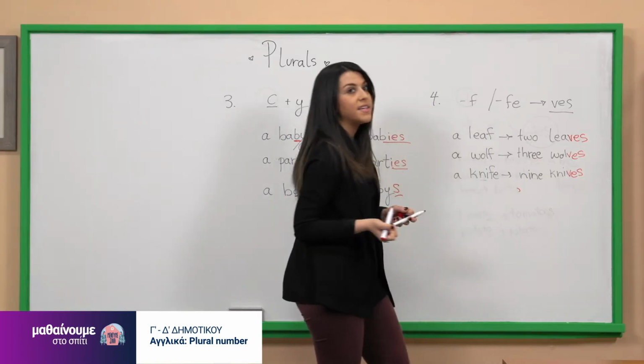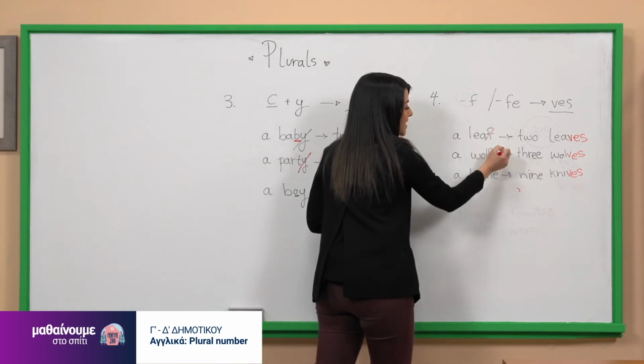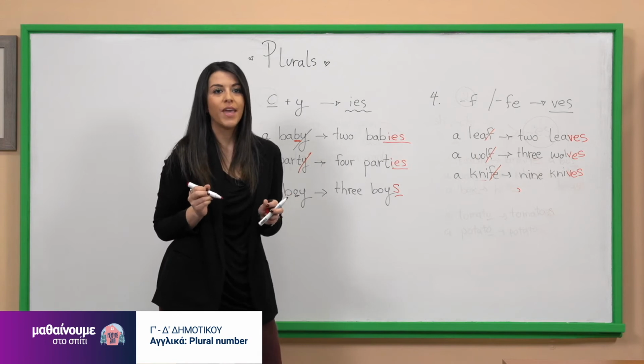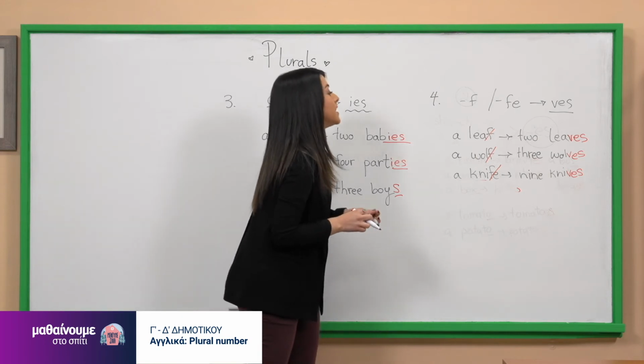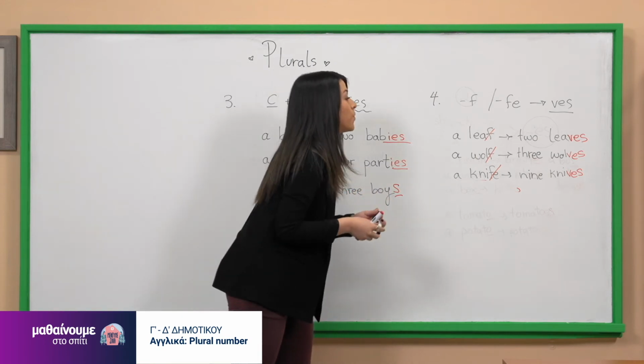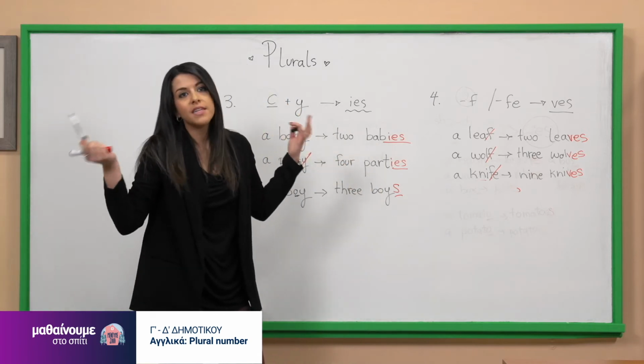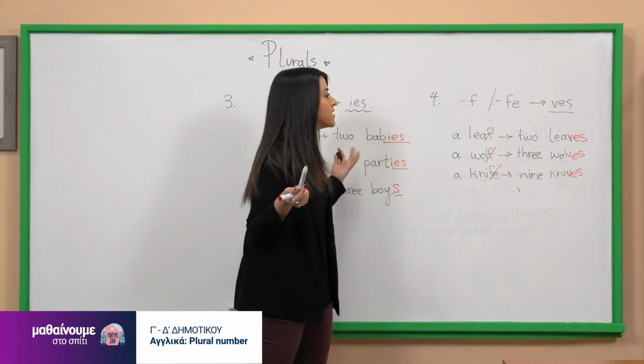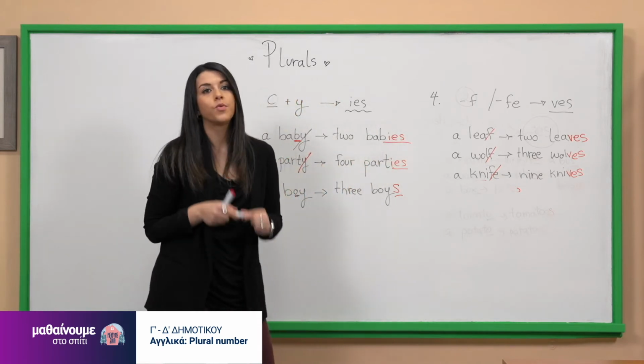So we add this in the end. And of course, we erase this. We don't use it, and we put VES, okay? So let's see, a leaf, 2 leaves again, a wolf, 3, 4, 5, 6 wolves, and a knife, 10, 9 knives. So these are the 4 basic rules.